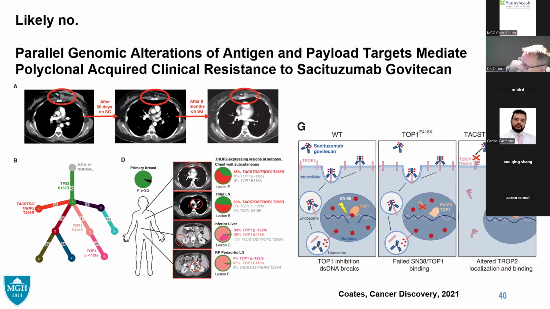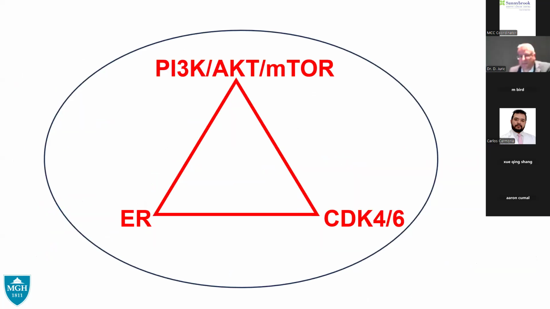Other lesions, completely different lesions in the same patient, become resistant to the ADC by altering the anchor, truncating or reducing the amount of anchor at the surface. So essentially, even with a seemingly very powerful therapy, the tumor, through these evolutionary processes, can acquire not one but two drivers of resistance, in completely distinct parts of the tumor. So we must be smarter.